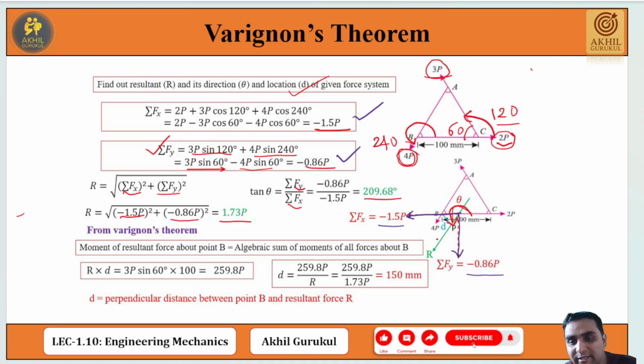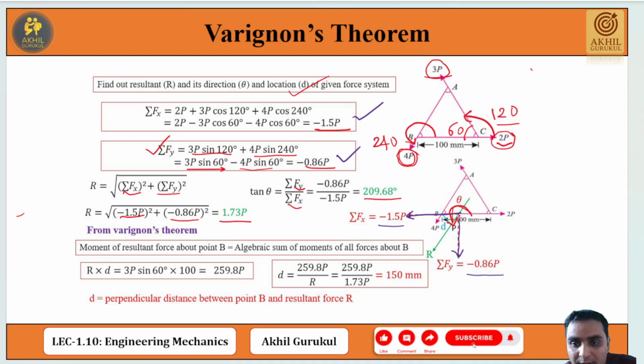The resultant lies in the third quadrant, so the angle will be greater than 180 degrees. So the direction is 209.68 degrees from the positive x-axis in the anti-clockwise direction.